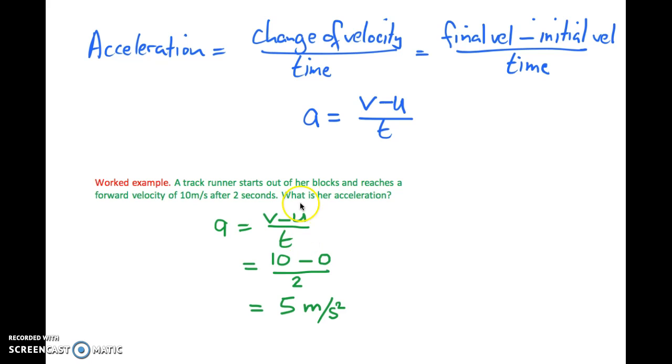So what we've done is divided a meter per second, the velocity, divided that by time in seconds. And this is why we get meters per second squared.